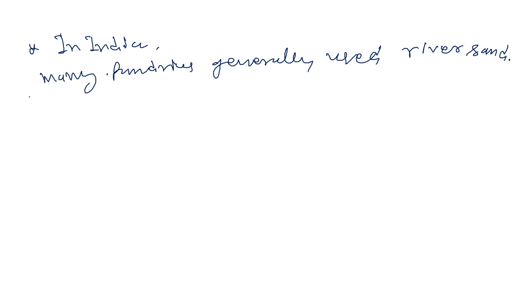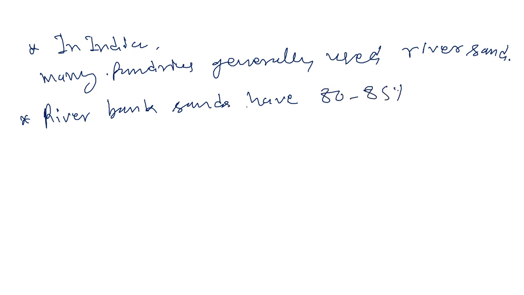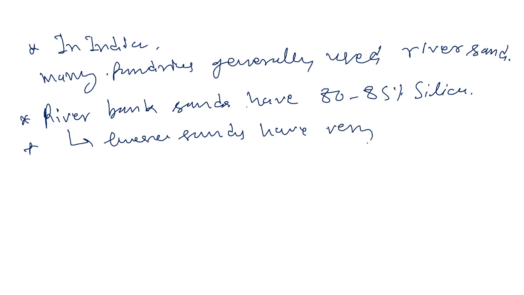So the river bank sands have 80 to 85% silica, and these sands have very less amount of clay.